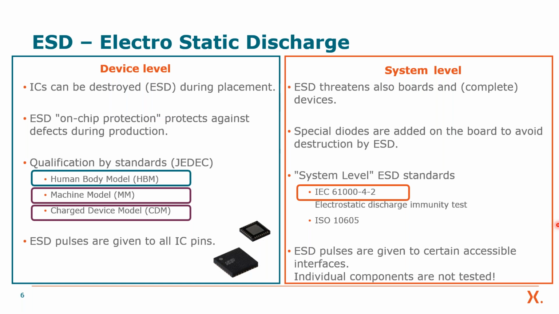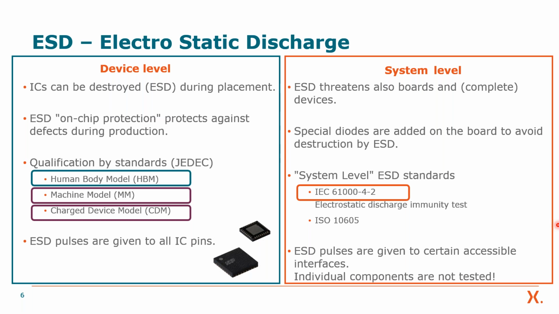A system level test, on the other hand, focuses on the overall completed system, so an automotive module, a completed cell phone, PC, or whatever kind of device you are designing, and wants to check if ESD that happens in ordinary usage of the device will actually damage it or not.